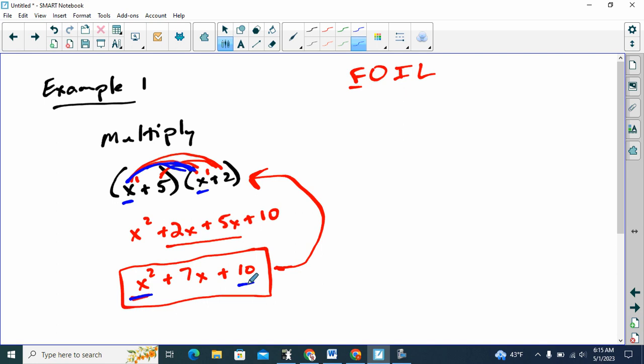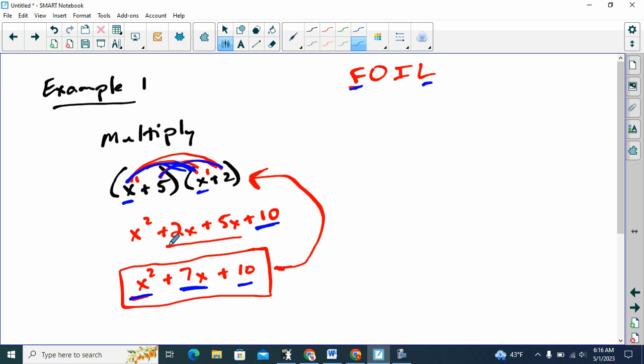Let's take a look at where this 10 comes from. The 10 is right here. That comes from when we multiply the last terms together. The last terms, 5 times 2, gives me that 10. We're trying to figure out what these numbers are here, so that 5 times 2 is where that 10 comes from. And then this 7x.